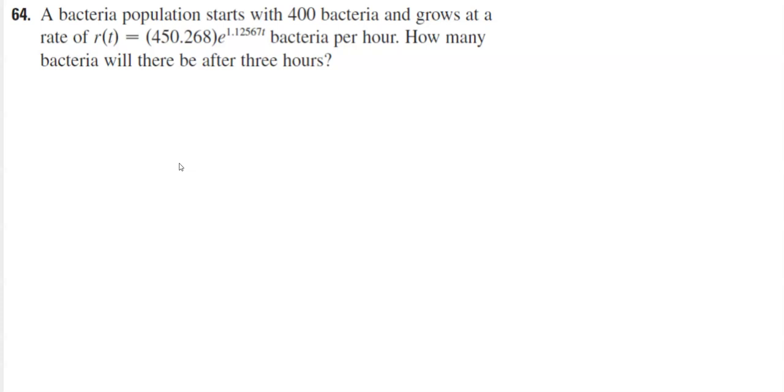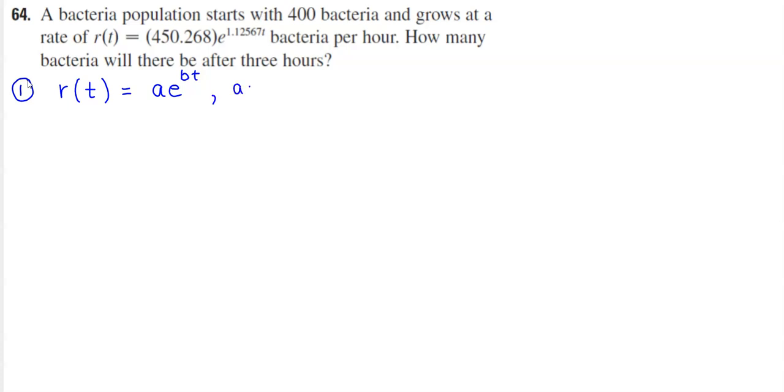If we take a look at the problem here, we know that R of t is going to be an exponential function. And so that formula is a times e to the power of b times t. So what does a equal in our problem?